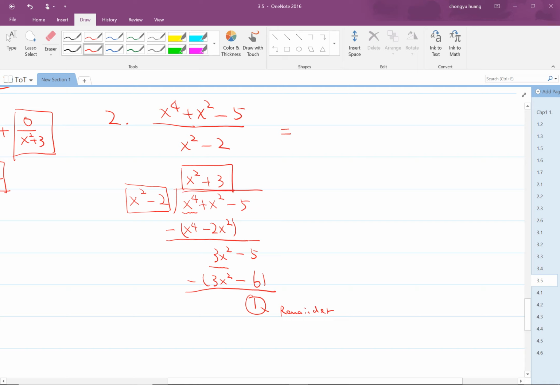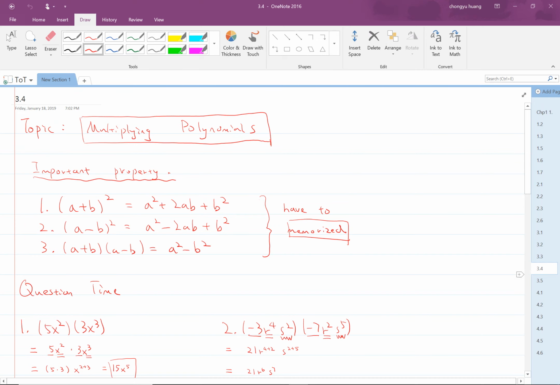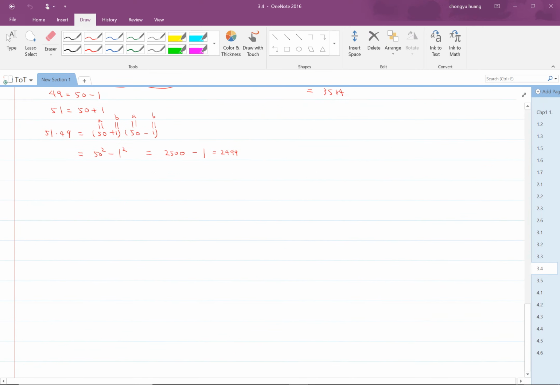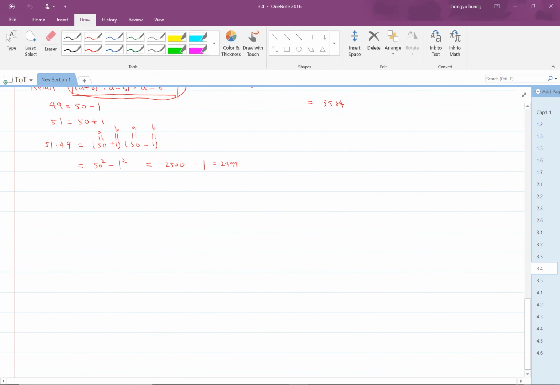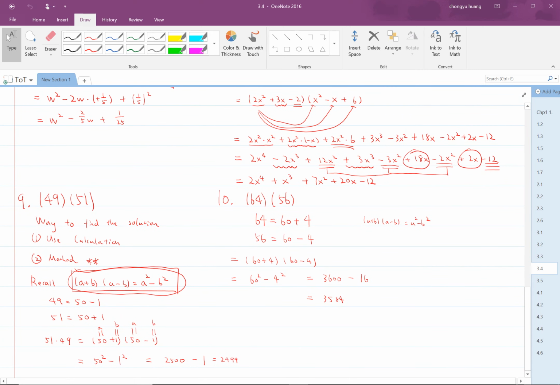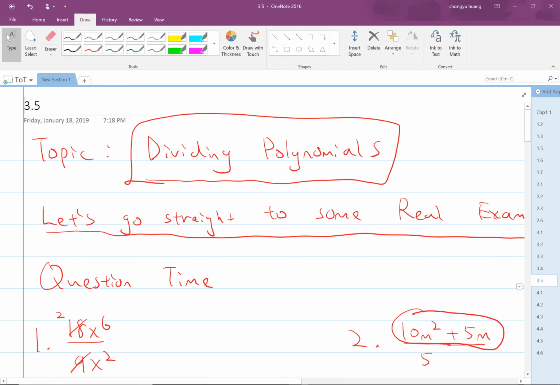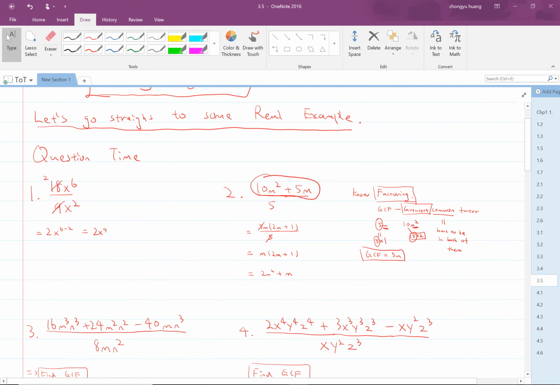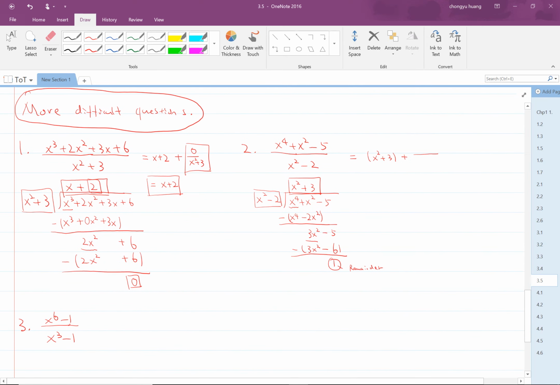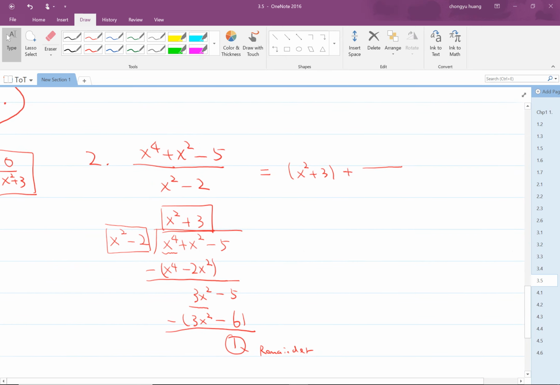A part of the answer will be x squared plus 3, and then we need to write down the solution for the remainder. Okay, let's go back.